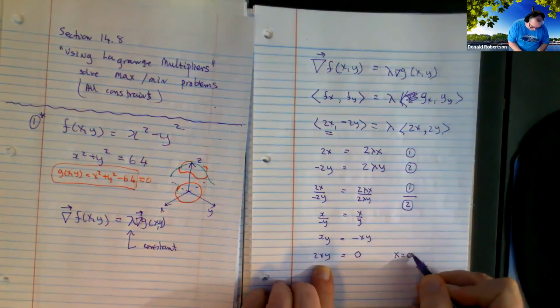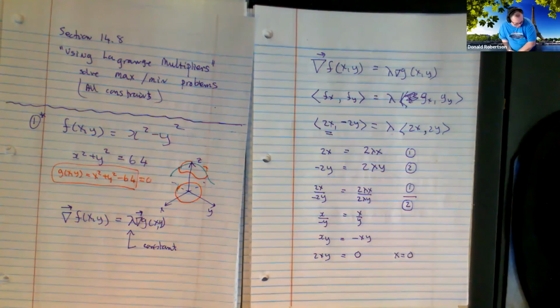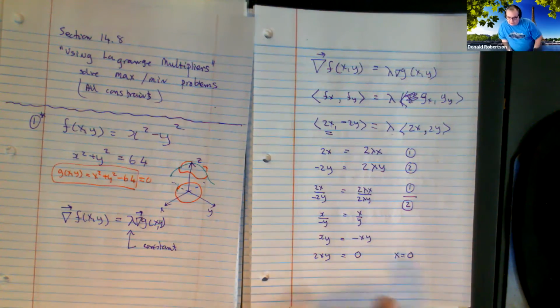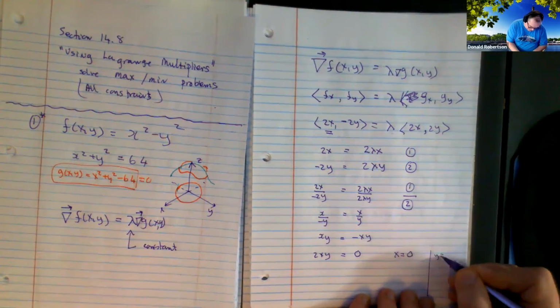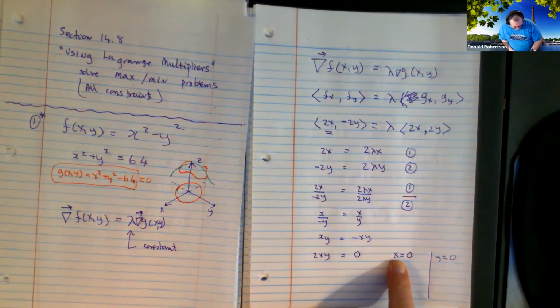Isn't x equals 0 a possible solution? Would you agree if 2xy is 0, x could be 0? Would you agree that would work? And isn't the other possibility that y has to be 0? That's the second one. Let's focus on x equals 0.